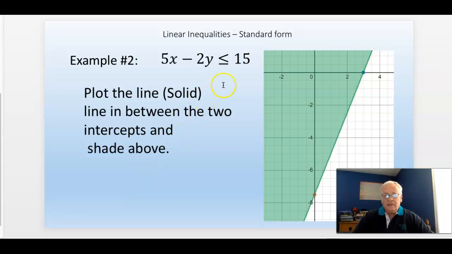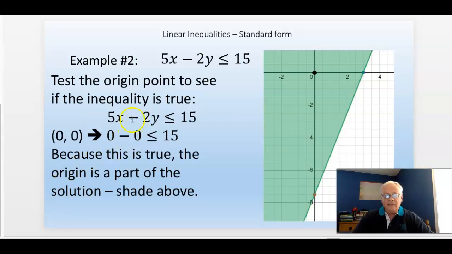Now be careful. This is pointing toward the y, and you think, okay, we should shade underneath then. But guys, that says negative 2y, so you have to be careful about that. Again, one of the best things to do is to test a point, and the best point to test is 0, 0.